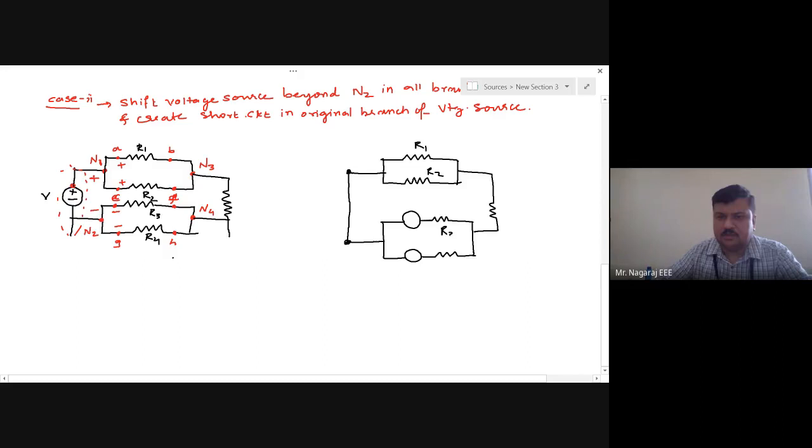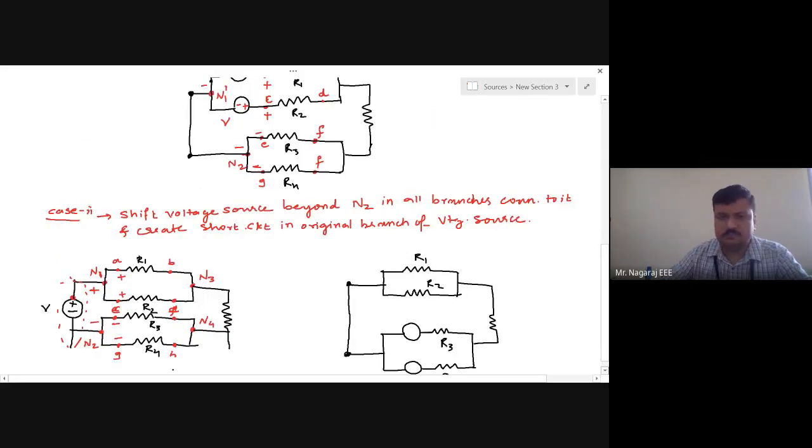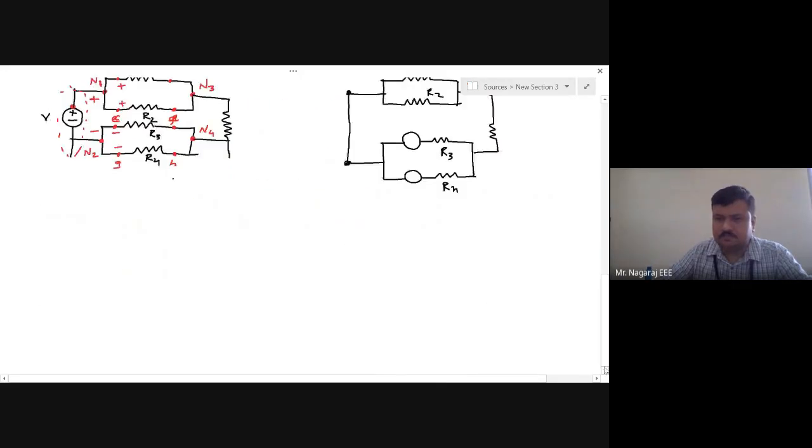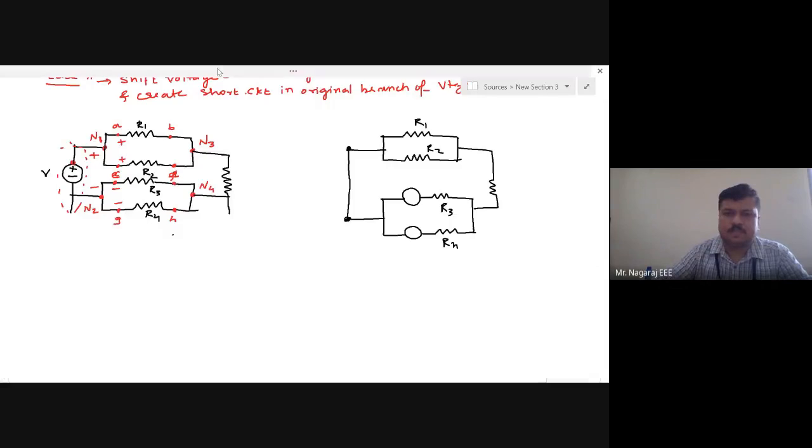Now this is R3 and R4. Now these are terminal A, terminal B. This is terminal C, terminal D, terminal E, F, and G, H. So terminal C was originally at negative potential, terminal G was originally at negative potential.